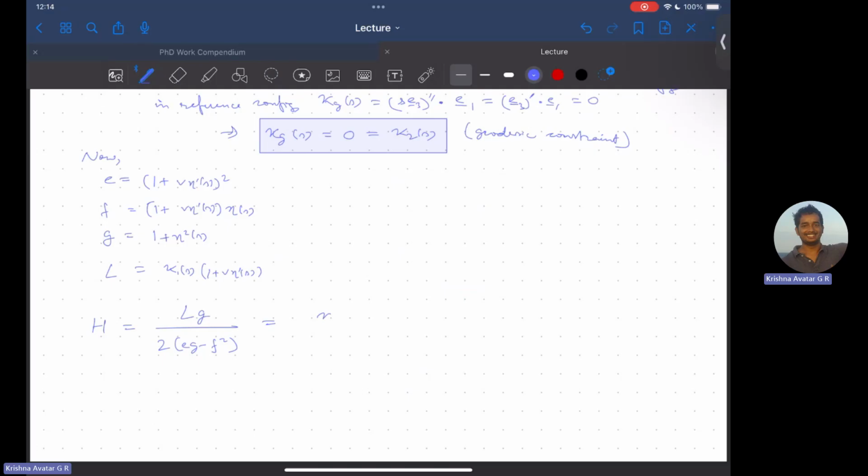Now let's simplify it. L is kappa 1 of S times (1 plus V eta prime of S) into (1 plus eta square of S), divided by 2 into (1 plus V eta prime of S), tau of S, then into G, (1 plus eta square of S) minus F squared, and F is (1 plus V eta prime of S) whole squared times eta square of S. Now simplify it a bit.